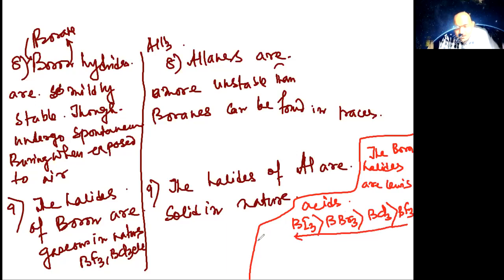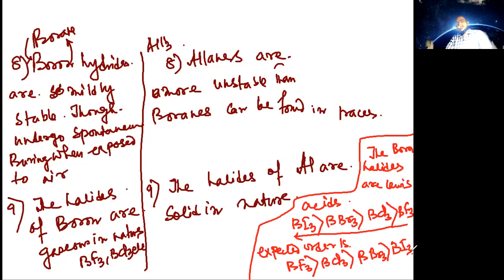Now the expected order is BF3 greater than BCl3 greater than BBr3 greater than BI3. So this is the expected strength, but this one is actually wrong because we will explain it later. So this is the number 9 difference.